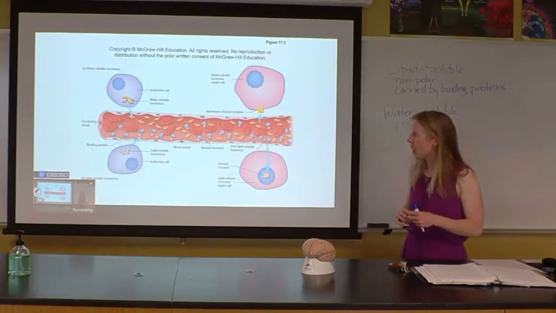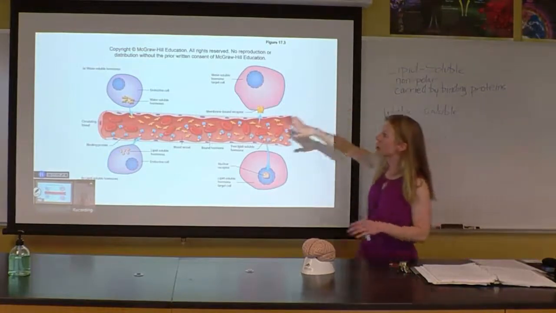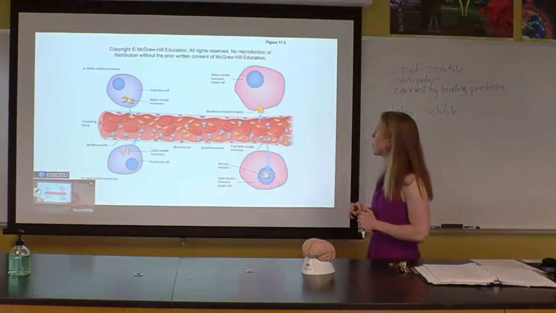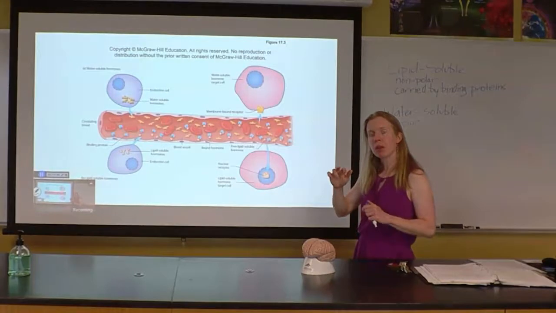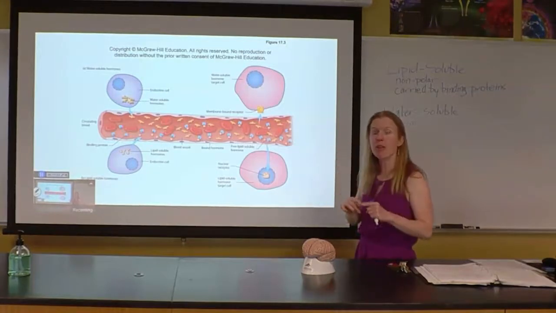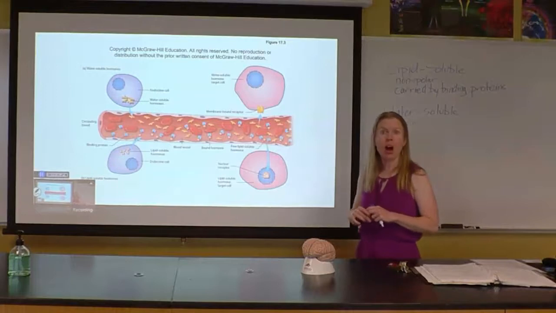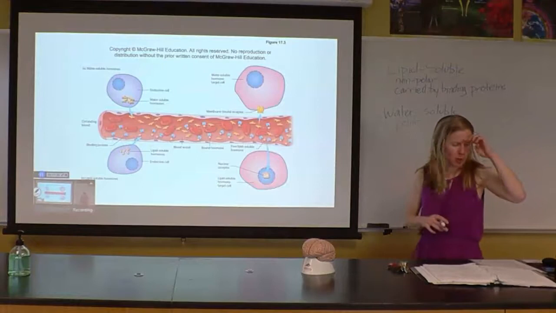The other thing is that we'll also see some water-soluble hormones carried by binding proteins as well. And the purpose here, for either of these, is also to increase the half-life of the hormone.